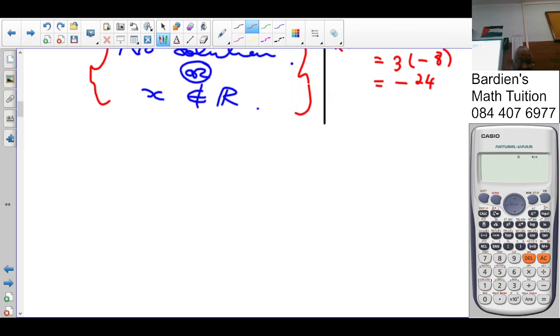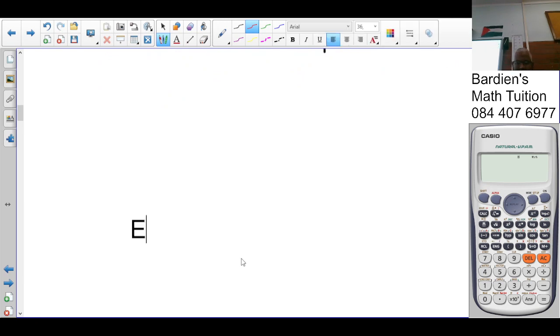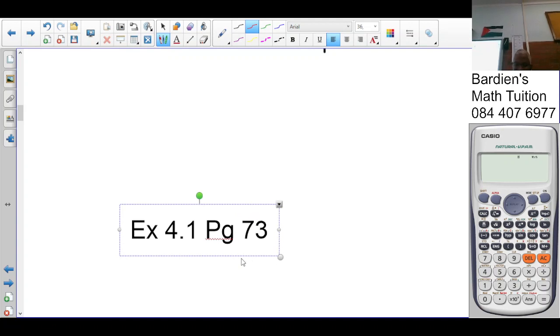Exercise 4.1 K. Anything else? Exercise 4.1, page 73, and number 1.